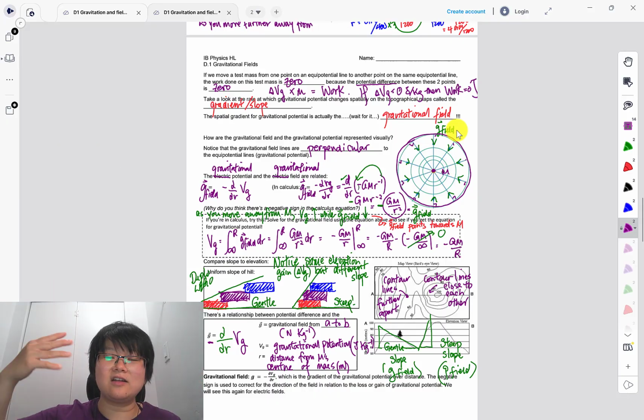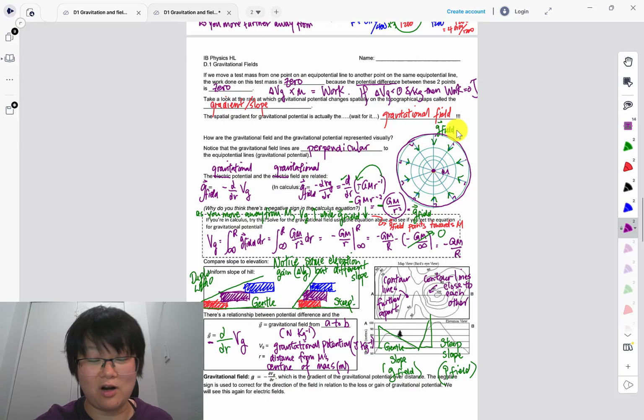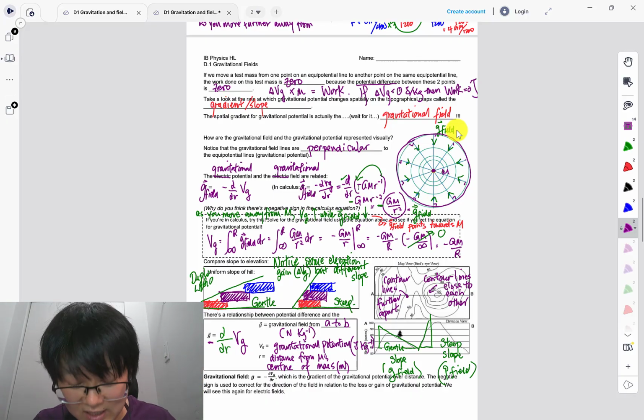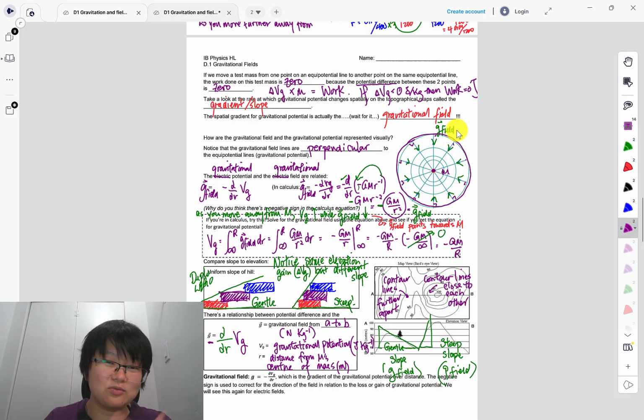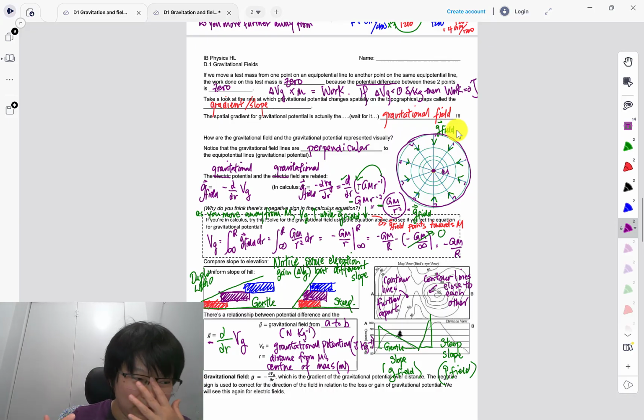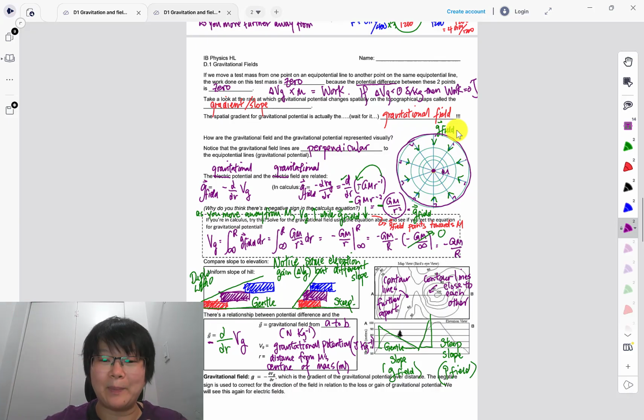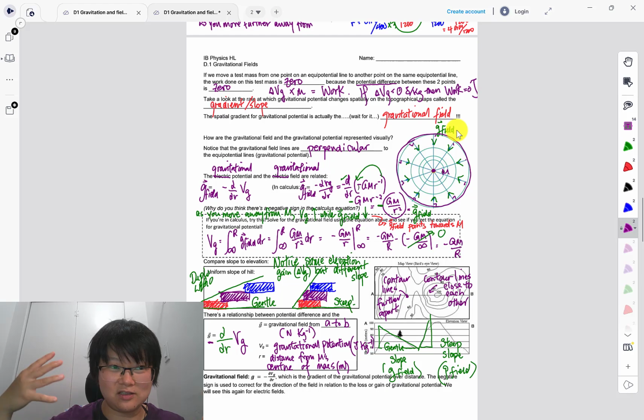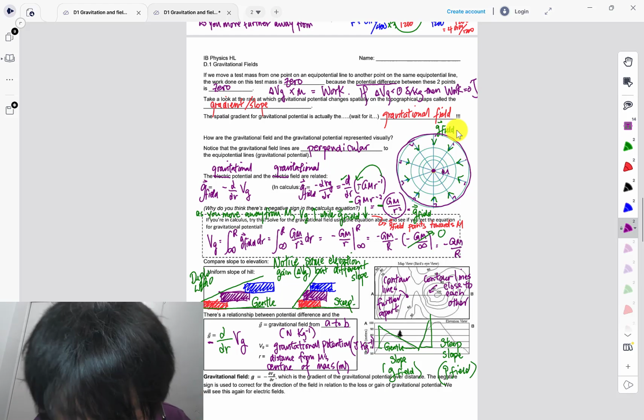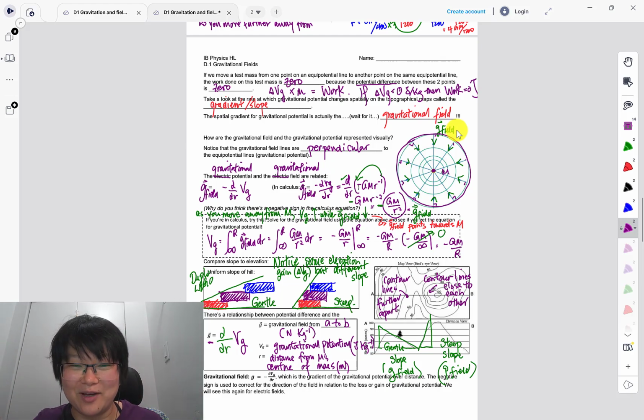The height does not judge how massive you are. It's independent of mass. So when we say gravitational potential is per unit mass, we don't care about the mass. It's an objective mapping of the space. And height does not differentiate a hiker by their mass. So you can think of it that way as well.